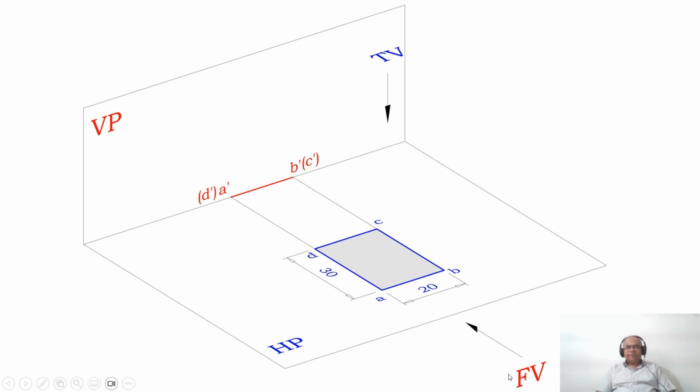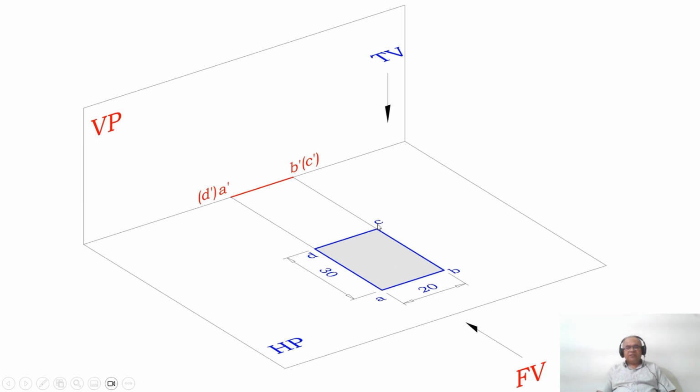When you look from the front view, you are going to get a line in the vertical plane. Why? Because this surface is perpendicular to VP. Therefore, you are getting a line in the vertical plane. And since all the edges are parallel to HP, you are getting the true length in HP. What is the true length in HP?